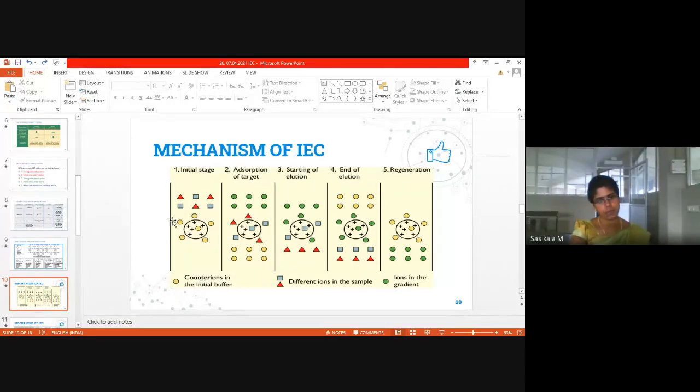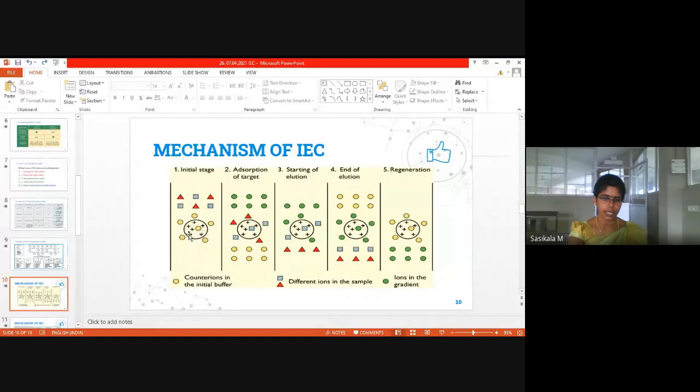The counter ions of the initial buffer will first run through the column. The buffer carries negative charge opposite to the stationary phase, and this will be coated over the stationary phase. So before passing the sample to the column, it will first be filled or saturated with mobile phase.